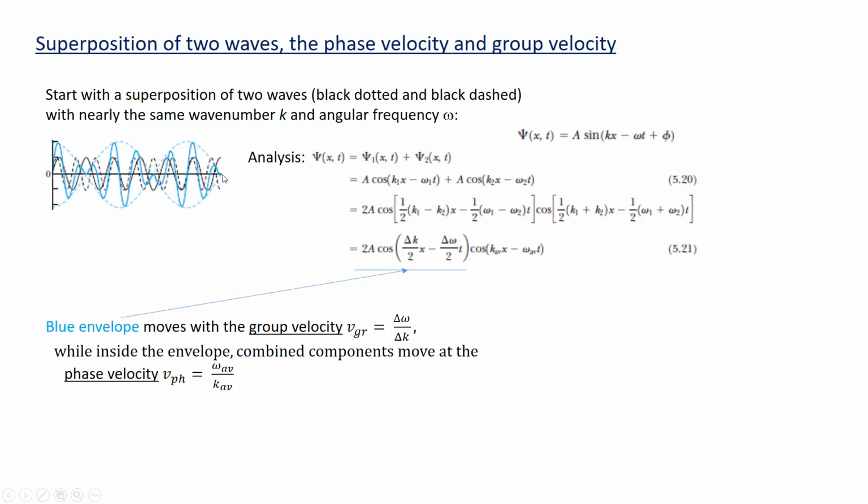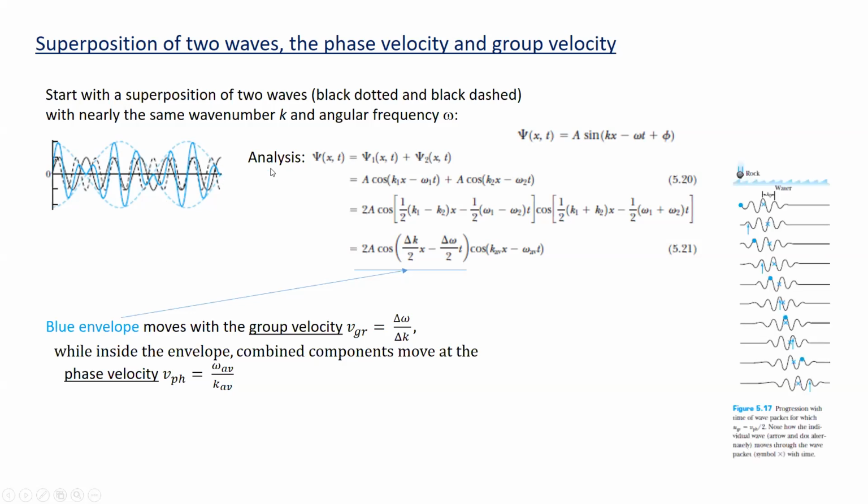the overall group envelope. And there's a nice illustration of this in the textbook, which involves dropping a rock into water. So if you drop a rock into water, you get a splash, and you get a sort of a disturbance which moves outward, and the center of the disturbance is represented by these x's.